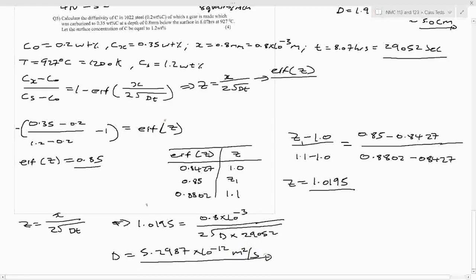That's the diffusion coefficient value, which is representing the diffusivity of carbon in this particular steel.